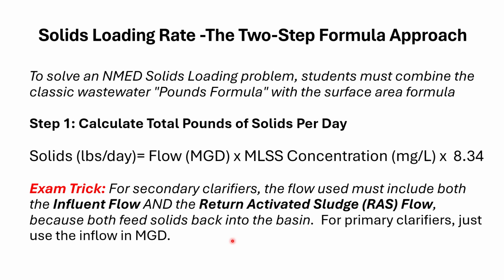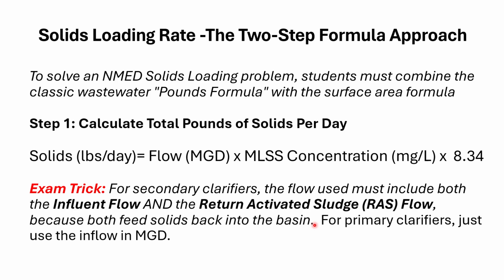So here's something else to realize during an exam. If we're talking about a secondary clarifier, this flow here has got to include the influent flow, and I say this to stress it, and the return activated sludge flow. They're both coming in.